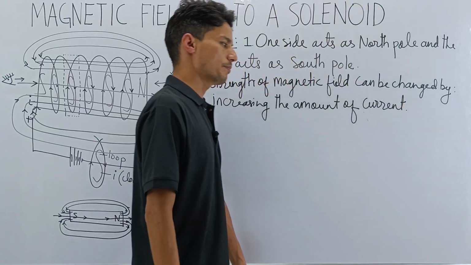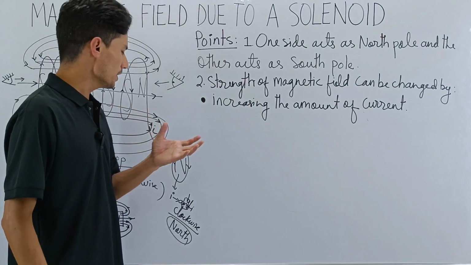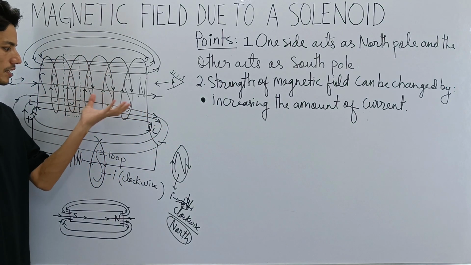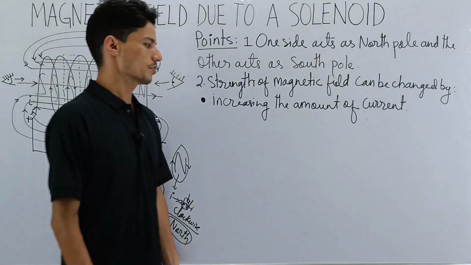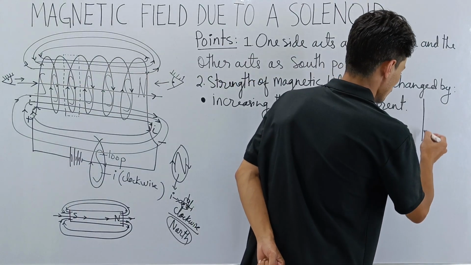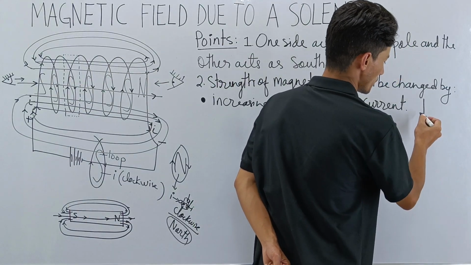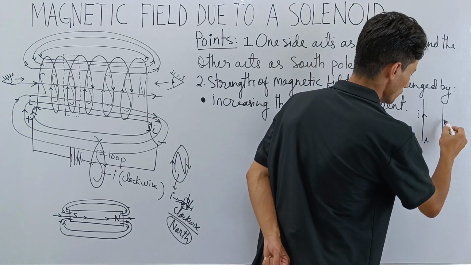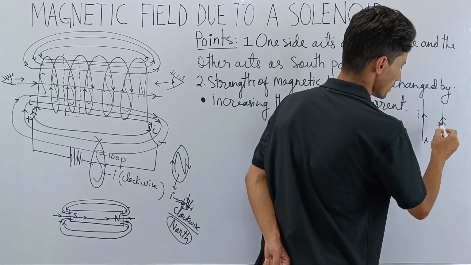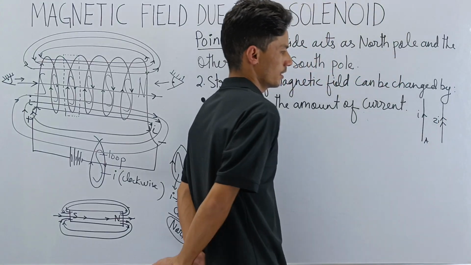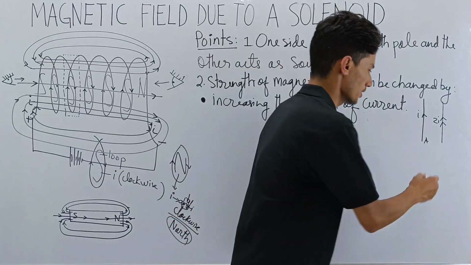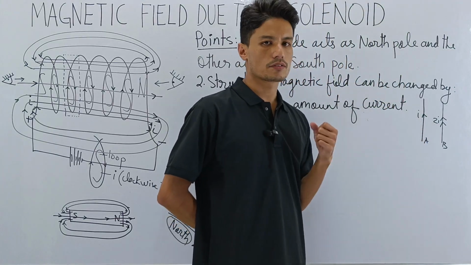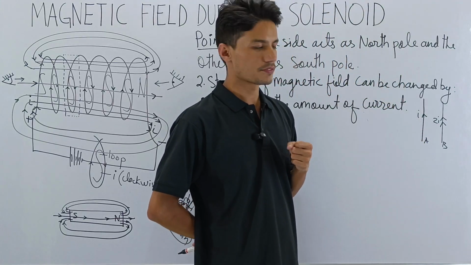What does it mean? It means if we increase the amount of current flowing through the solenoid, the magnetic field will also increase. For example, if the current in wire A is I, and in wire B the current through the loop is 2I, who will have the stronger magnetic field?